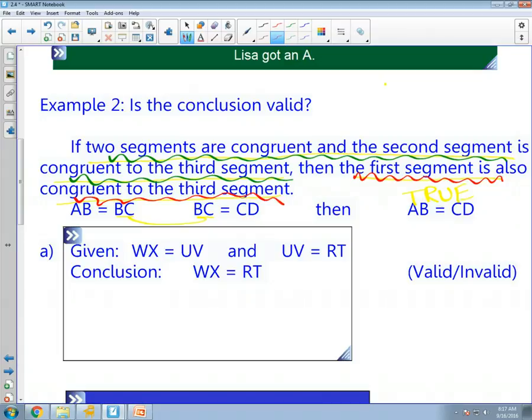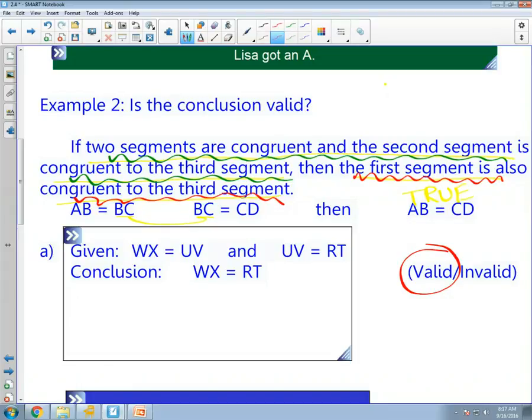Does the conclusion confirm the then part? Then the first segment is equal to the third segment. Yeah. So does it have all three parts? A true conditional, a confirmation on the if, and a confirmation on the then? It does. So we're going to call this a valid law of detachment.